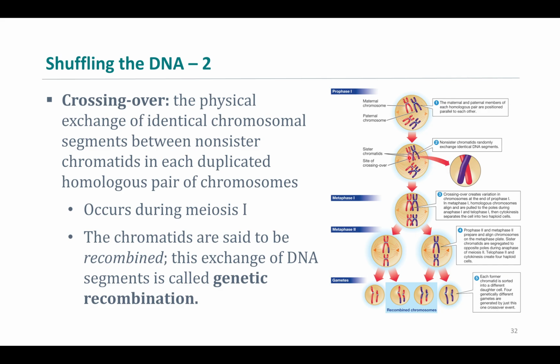At this exchange point, part of the blue can go into the red chromosome, and part of the red chromosome can be exchanged into the blue chromosome. This is how it looks at the end of crossing over. In this case, the different egg cells or sperm cells are going to have differences in their genes because of this crossing over event.